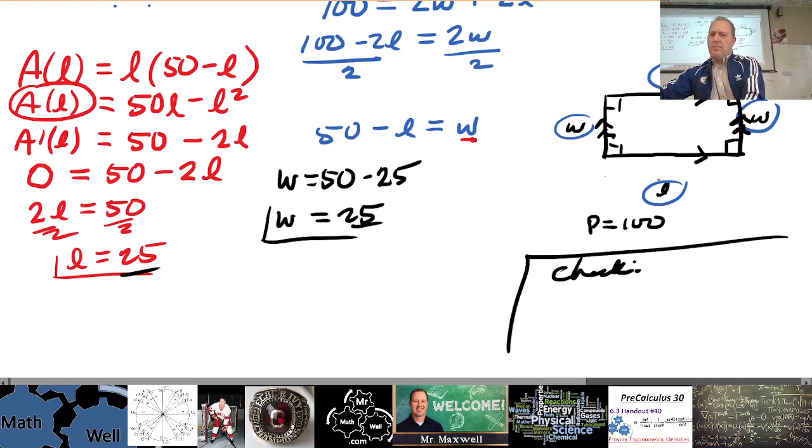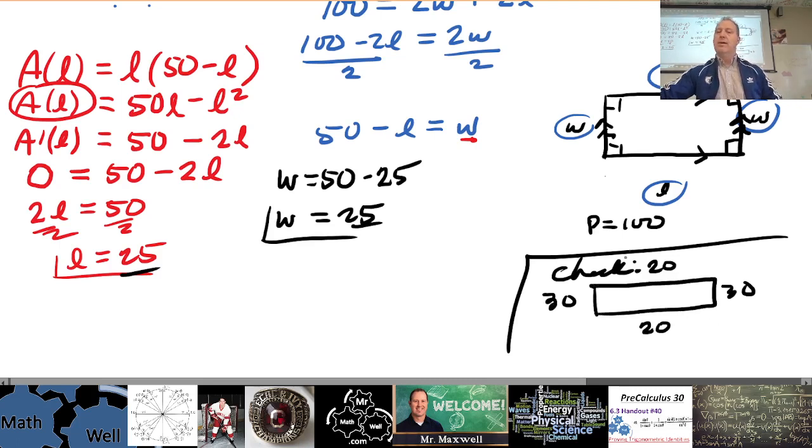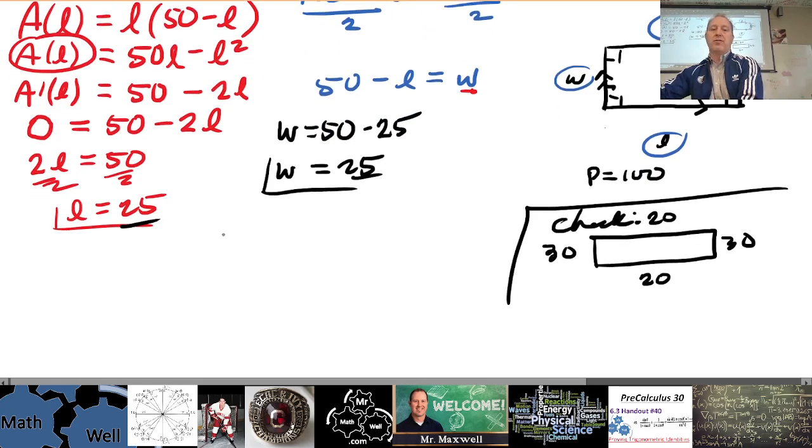What could some other possible, we could have 30, the width could be 30. Let's say if the width was 30, then that's 30 and 30 is 60, and then the length here, or the top and the bottom, would be 20. Is that right? So we have 50 and 50 is 100. So we could have a rectangle like this, and let's just check and see what the area is. Let's see if it's bigger than 25 squared, because the area here is 25 squared, right?